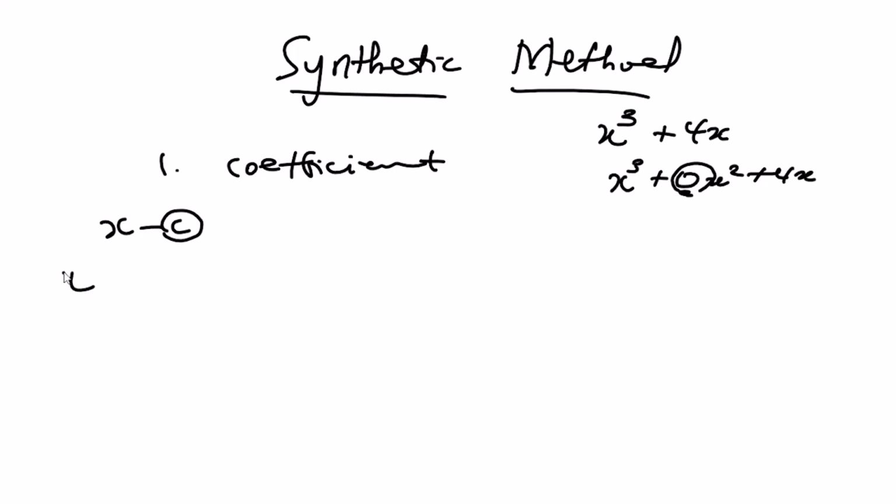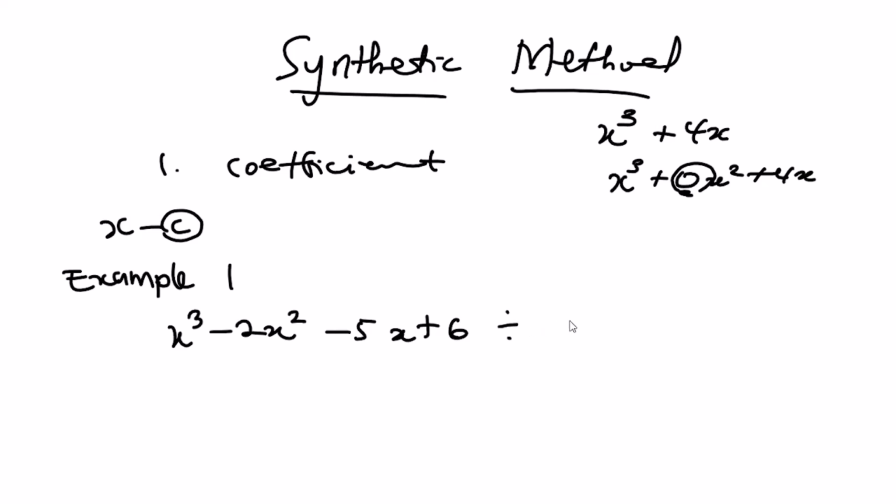So our example 1: x cubed minus 2x squared minus 5x plus 6 divided by x minus 3.